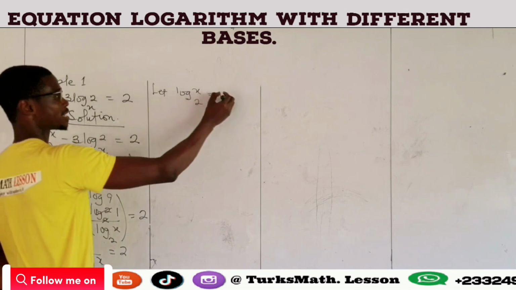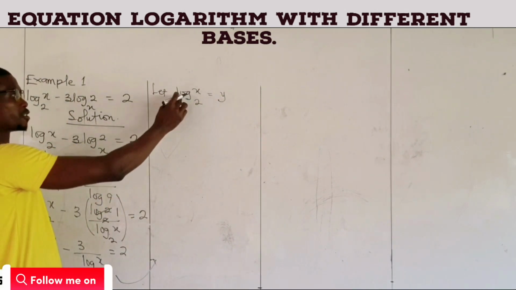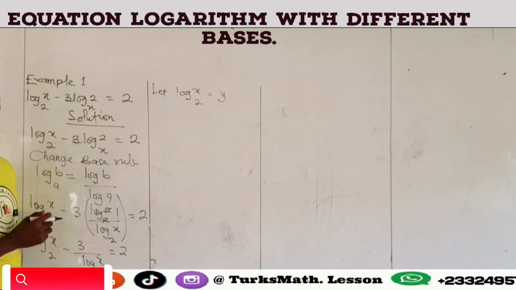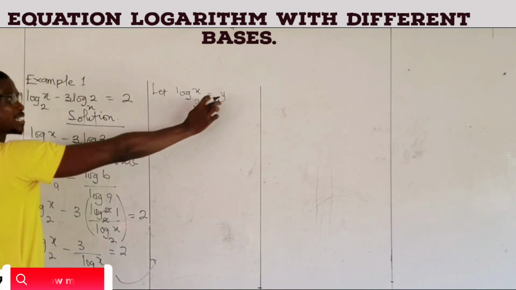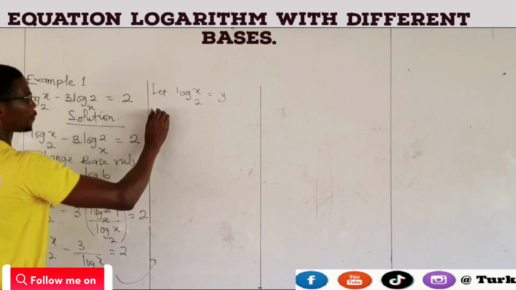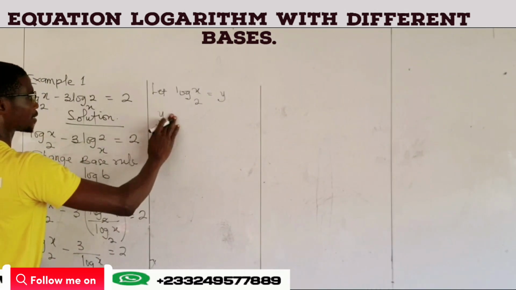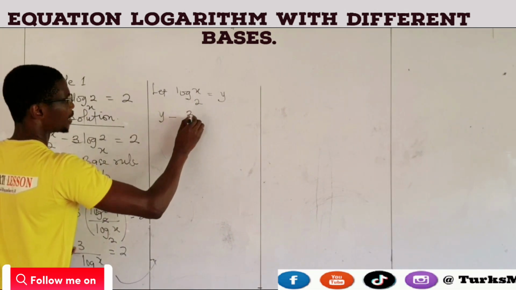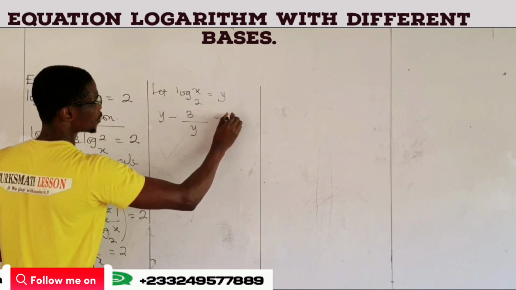Okay, so I'm going to use y. So any place that you see log x base 2, you put in y. Are you together? Yes. So I have y minus 3 out of y equals 2.